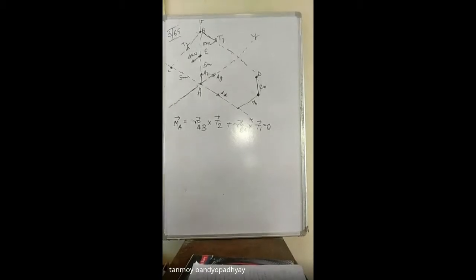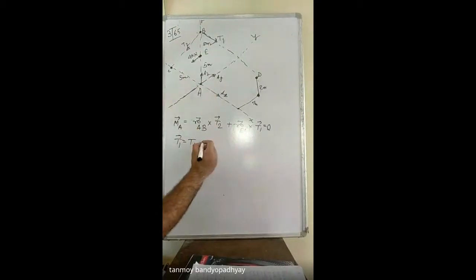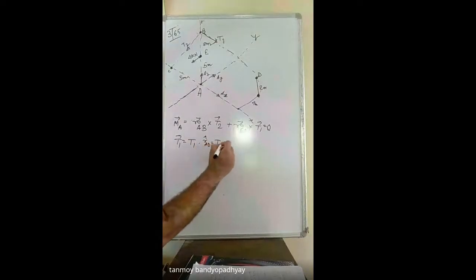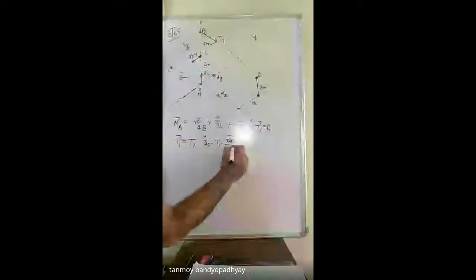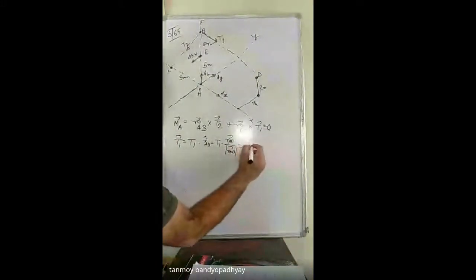Okay, so now our method है, we need to calculate T1 and T2. So what will be T1? T1 is equal to magnitude of T1 into a unit vector directed from A to B, so that is T1 into vector RAB divided by magnitude of RAB. So what is RAB?